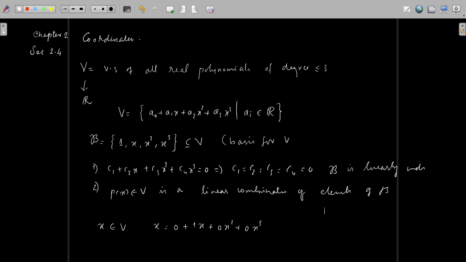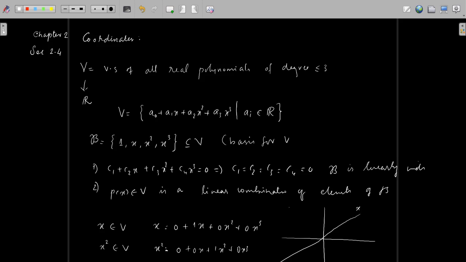This will give a straight line passing through the origin. If we choose another vector, x square, belonging to V, you can get the corresponding expression as 0 plus 0x plus 1x square plus 0x cube.